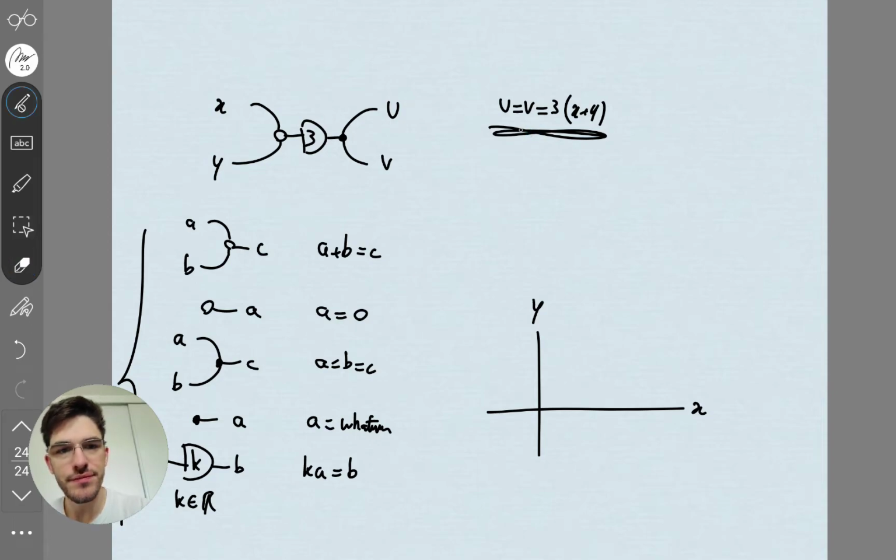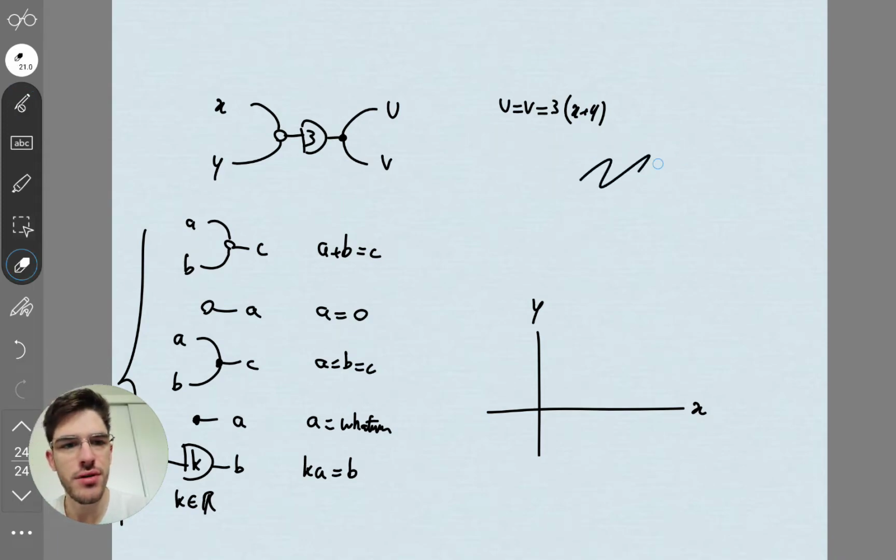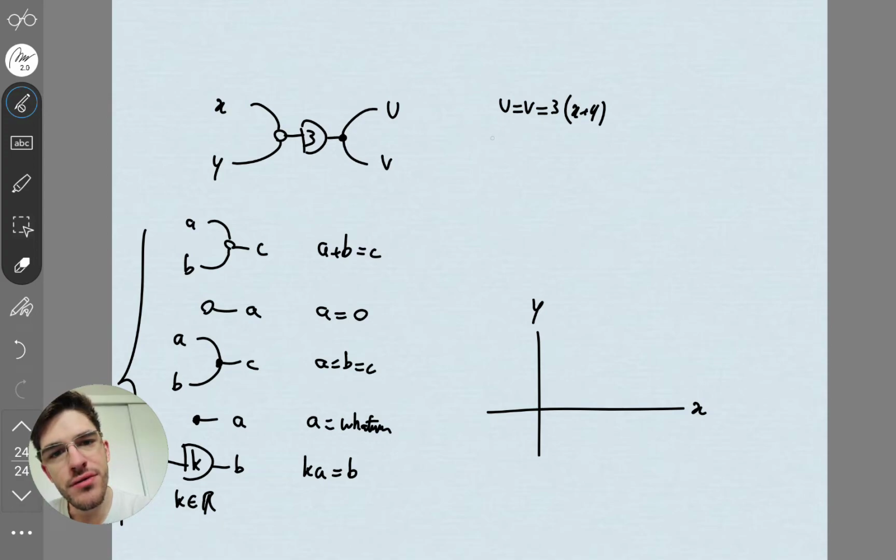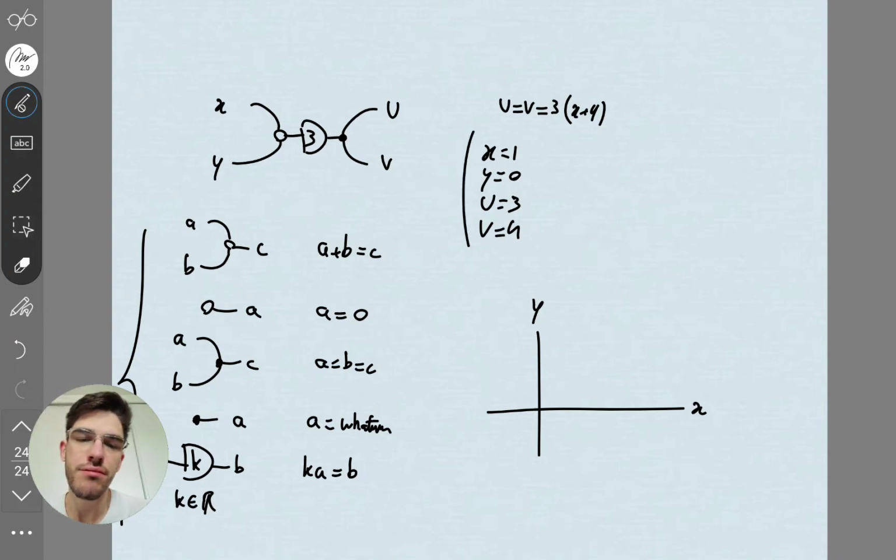So certain choices of x and y and u and v validate this. For example, if I choose x equals 1, y equals 0, u equals 3, v equals 4, this is a point.